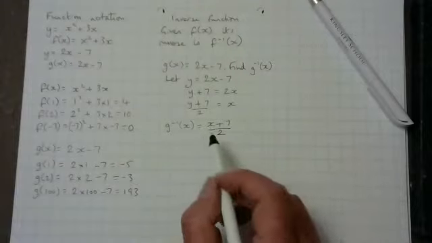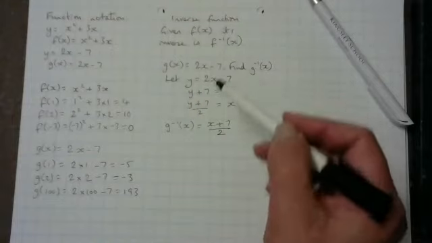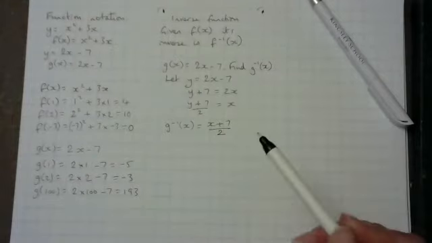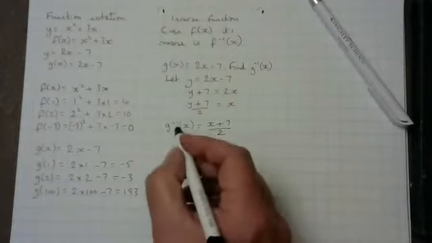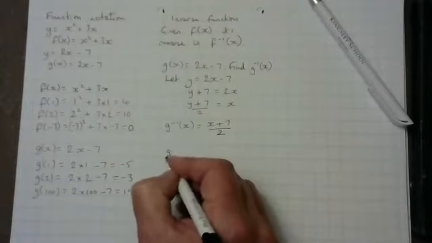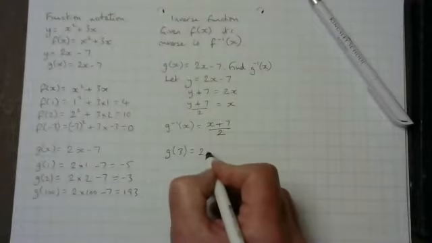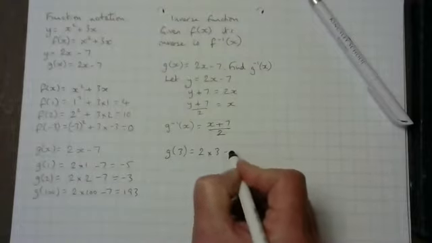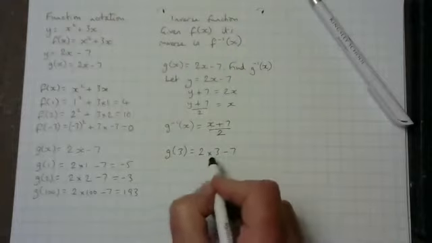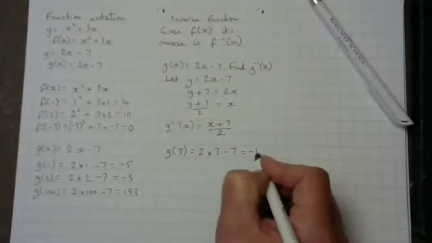And that's useful for when I want to find out what the x value was that produced a particular value as an output. So let's begin with g of 3 is 2 times 3 minus 7. 6 minus 7 is minus 1.